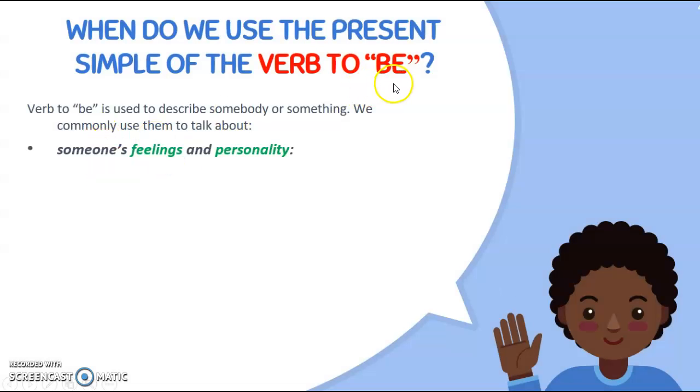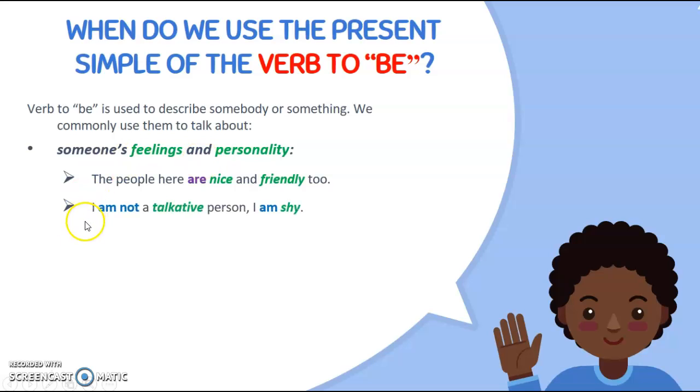We also use the verb to be to refer to someone's feelings and personality. For example, the people here are nice and friendly too. I'm not a talkative person, I am shy.